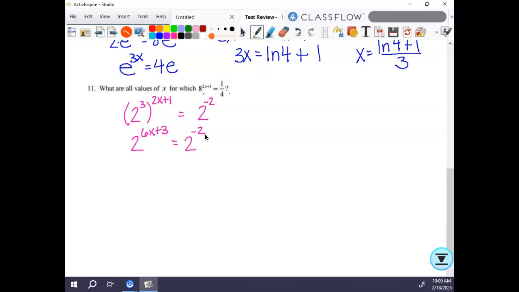Now, again, I have common bases, so I can take the log base 2 of both sides. That's what's officially happening. But if these two are equal, then 6x plus 3 has to equal negative 2. So 6x has to equal negative 5, and x has to equal negative 5/6.